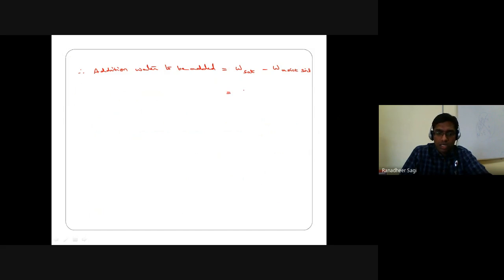Which is nothing but 19.62 minus 17.37. So which approximately comes out to be 2.25 kilonewtons is going to be the additional weight of water which has to be added to that particular soil to ensure that the soil reaches what is called a fully saturated condition.